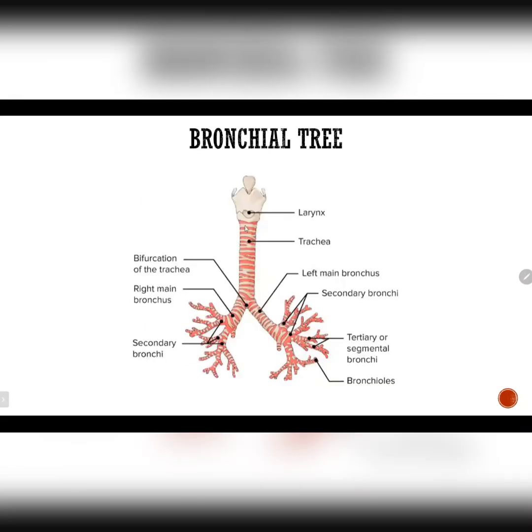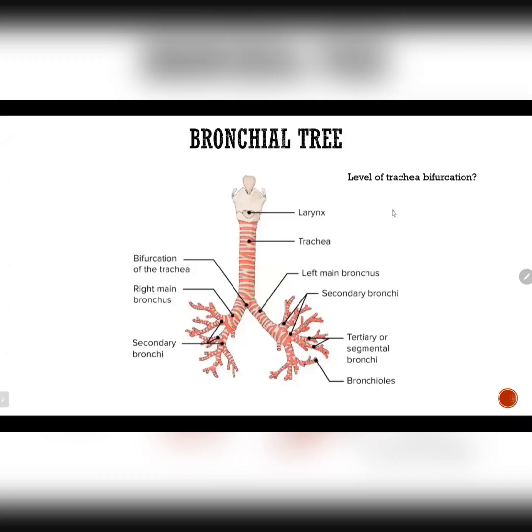You all know we've been learning that the trachea is the content of the posterior mediastinum. And you know it already that the trachea divides into two main bronchi, the right and left main bronchi. So my question is, at what level does the trachea bifurcate?